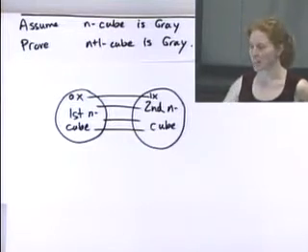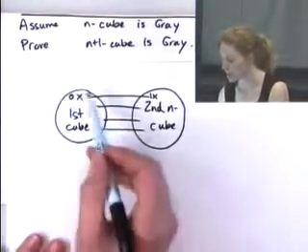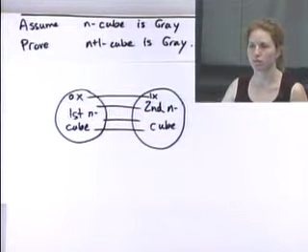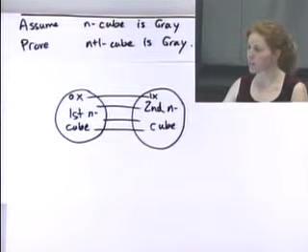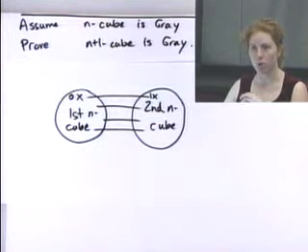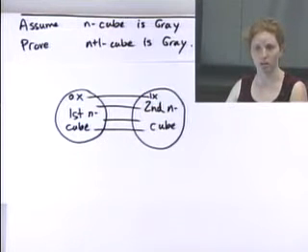Okay. So here, how do we know that the things in this circle are gray? All the edges in there. Because it's an n cube. It was a gray n cube to begin with. So everything in both of the circles, by induction, by my assume step, is gray, right?